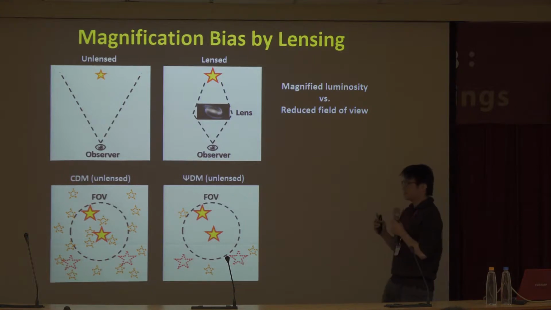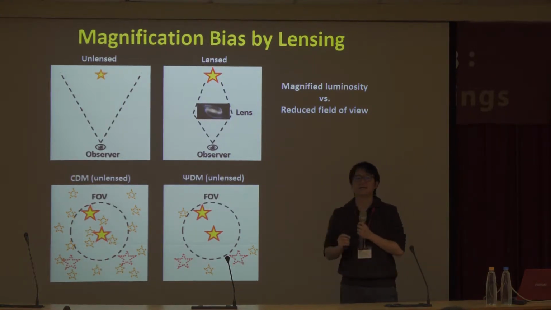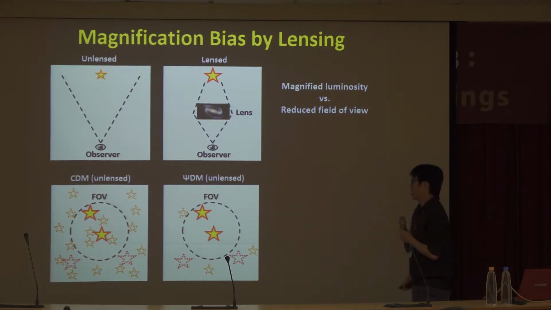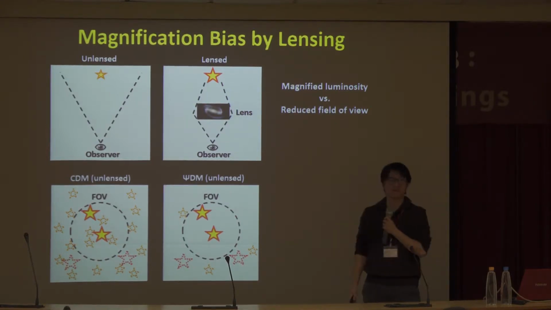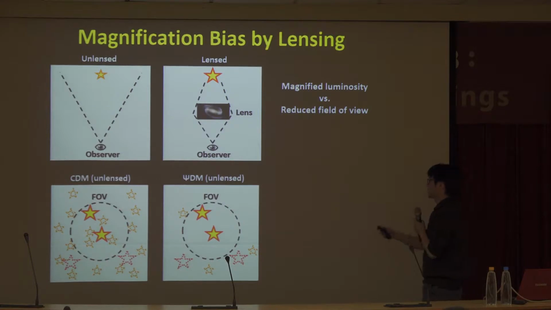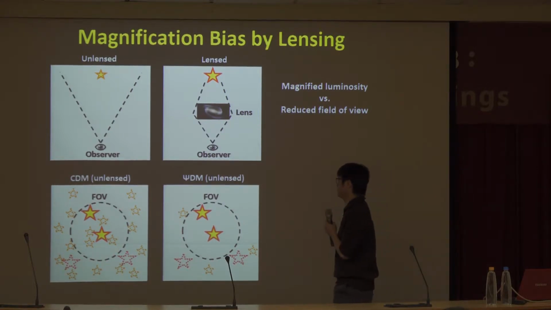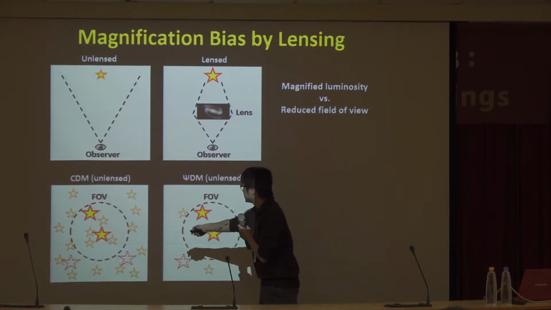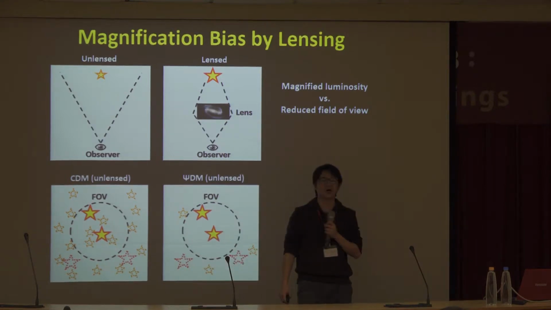Now, the fact that small galaxies are strongly suppressed has a dramatic impact on the prediction of magnification bias. I illustrate this property in the lower two figures. Here, this black dashed line is the field of view.